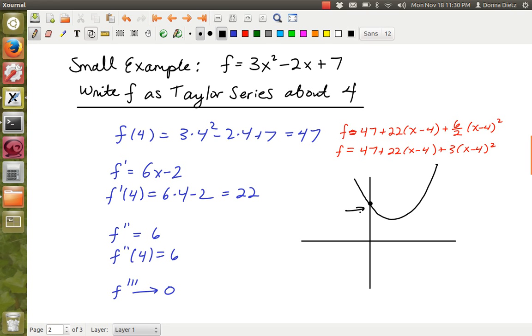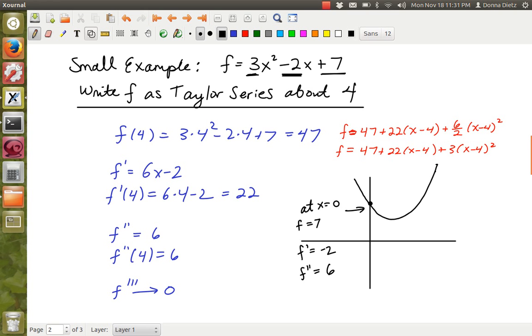At x equals 0, what this is saying is f is equal to 7, f prime is equal to negative 2. I'm getting it from this piece right here. So I got the plus 7, I got the minus 2, and the second derivative is just going to be 6. So it's just this guy times n factorial.